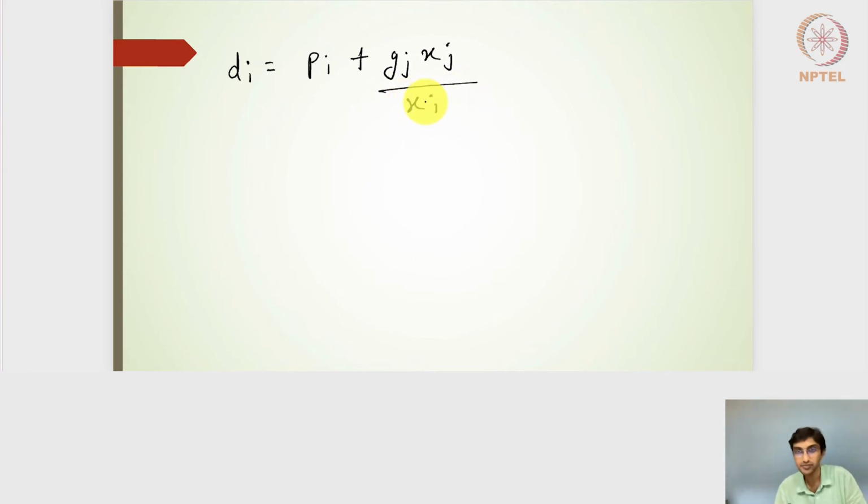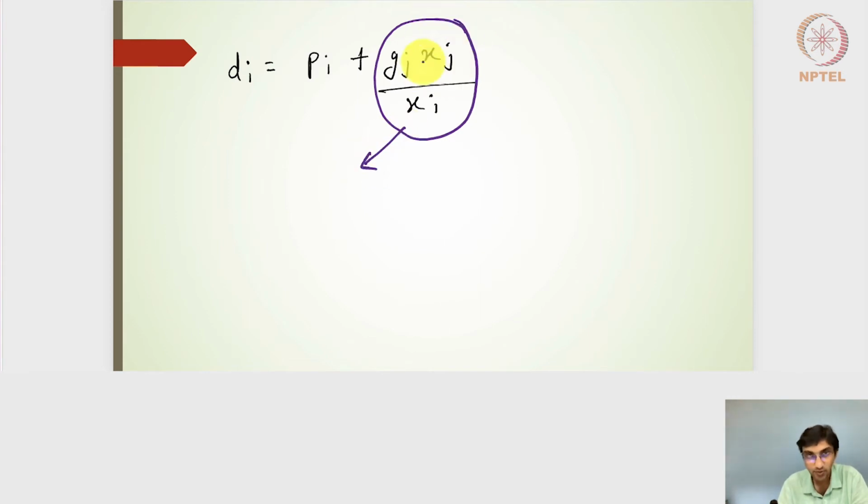Okay. So what we were talking about is the new expression of delay, which is Gj Xj divided by Xi. If I closely look into this expression and evaluate it by substituting the definition of the driving factors, I will have the logical effort Gj.